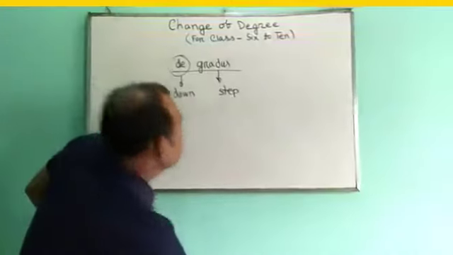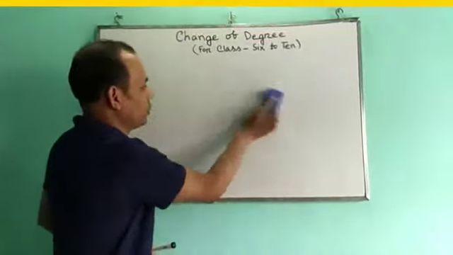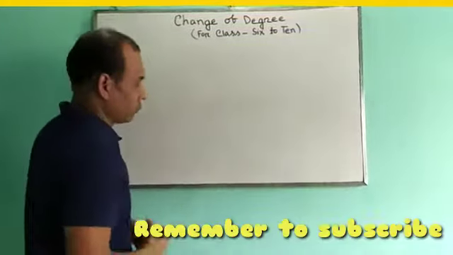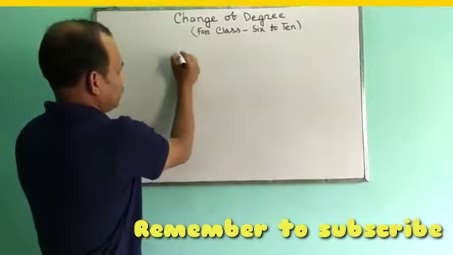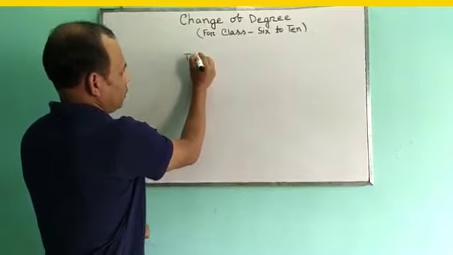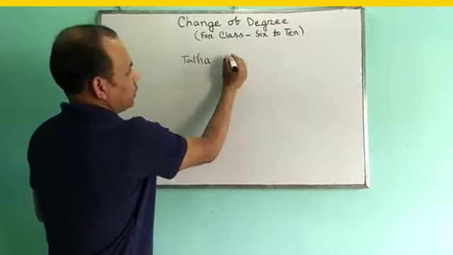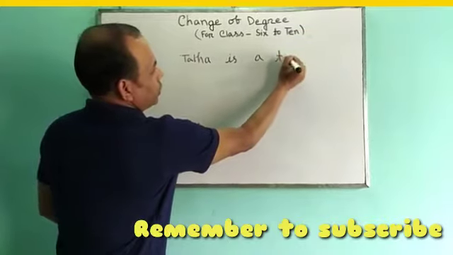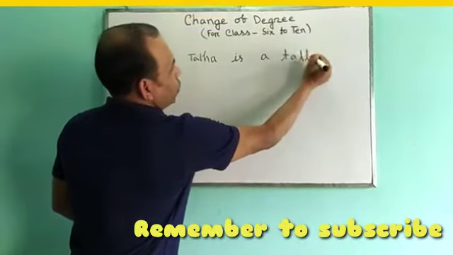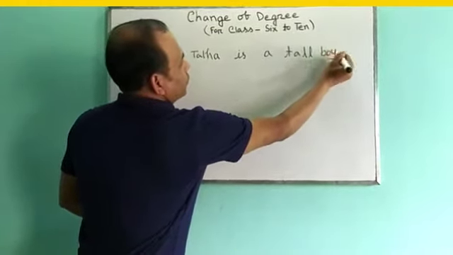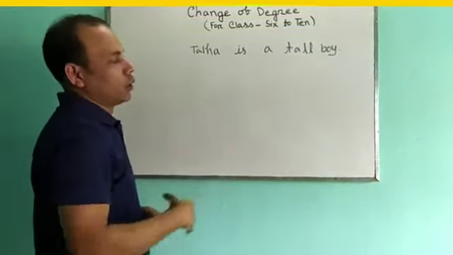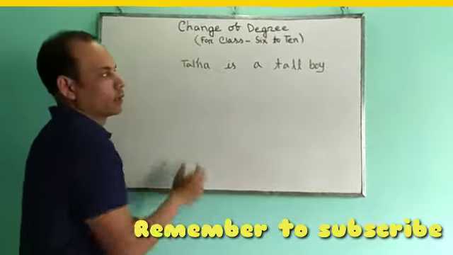Suppose I am going to give an example to you. Talha is a tall boy. Look at the sentence.